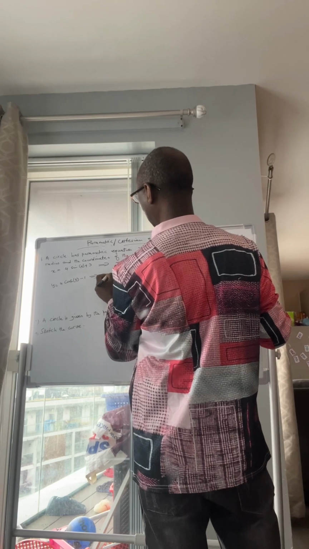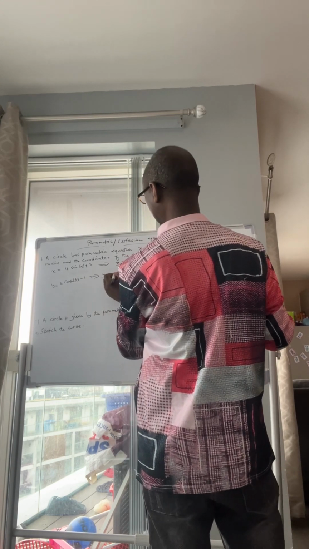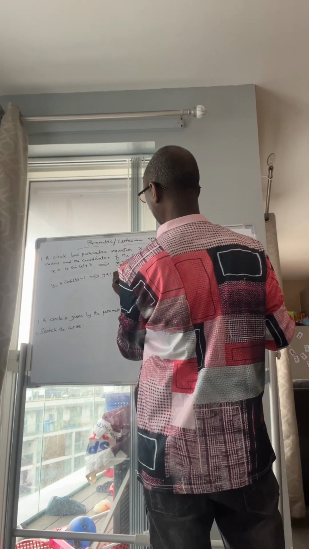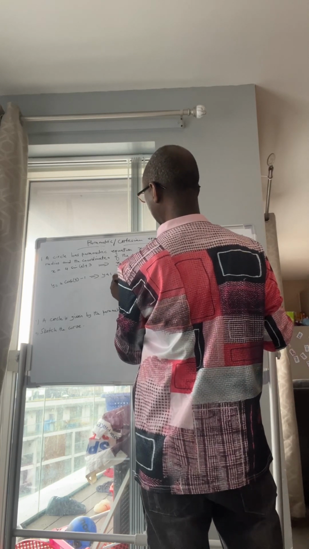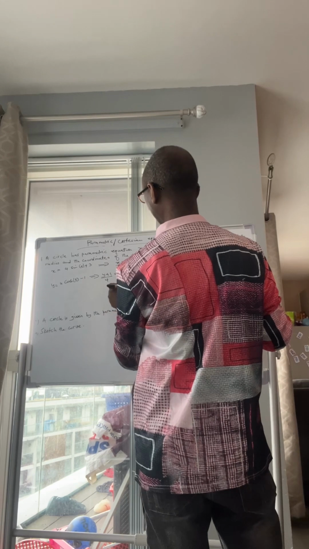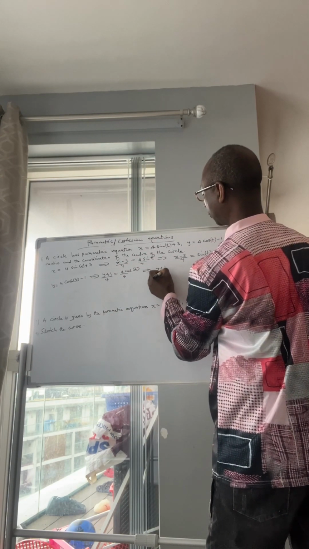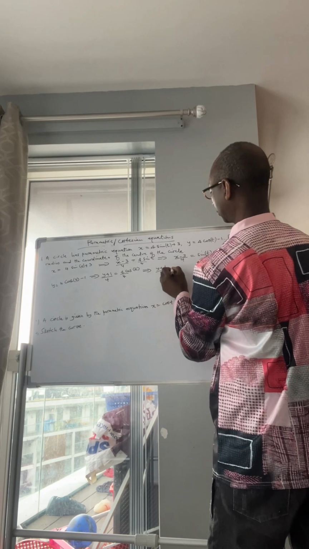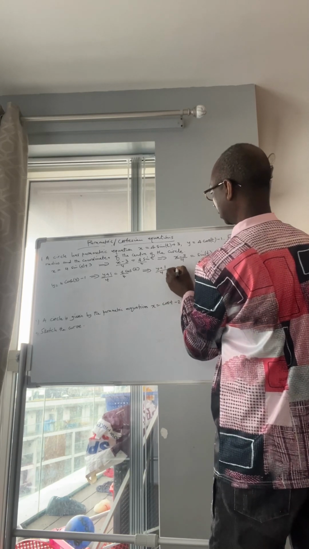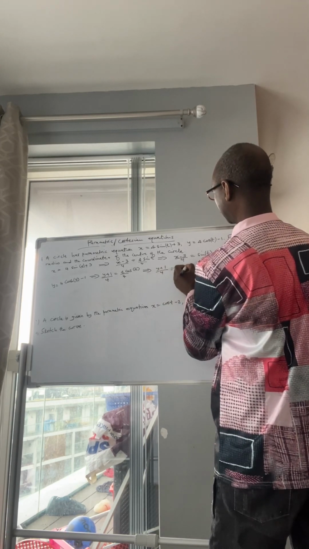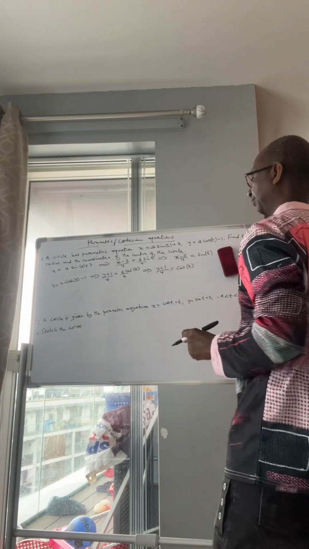This now is going to be y plus 1 equals 4 cosine of t. You divide both sides by 4. Now you get y plus 1 all over 4 equals cosine of t.